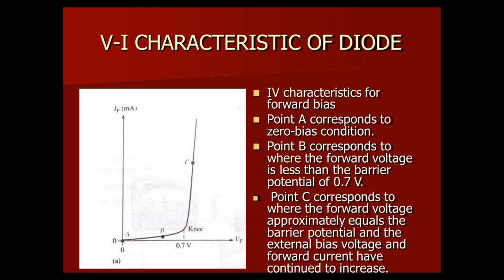At point A, zero bias condition. From point A to B, forward bias voltage less than 0.7 volt. Point C corresponds to where the forward voltage approximately equals the barrier potential, and the external bias voltage and the forward current continue to increase.